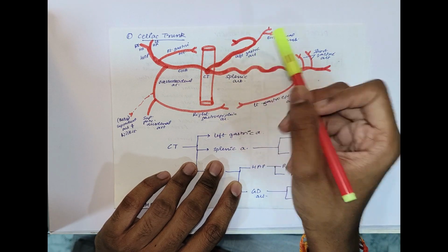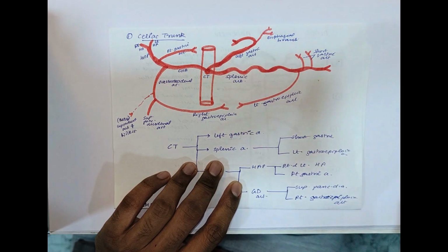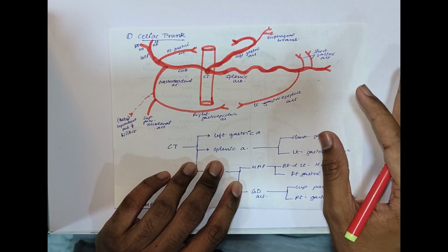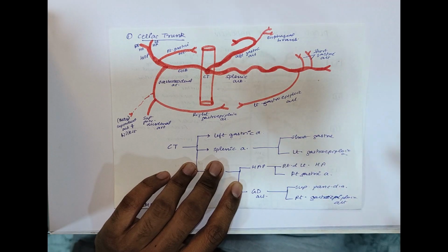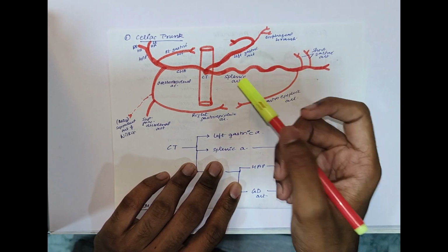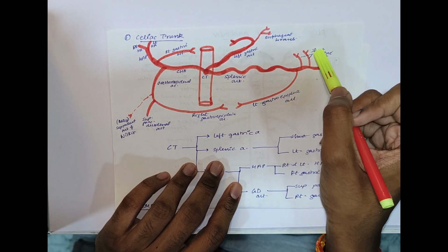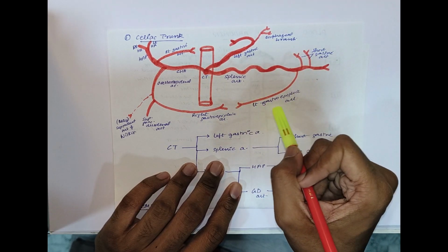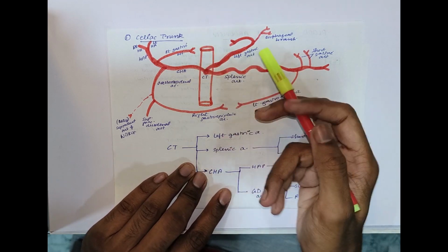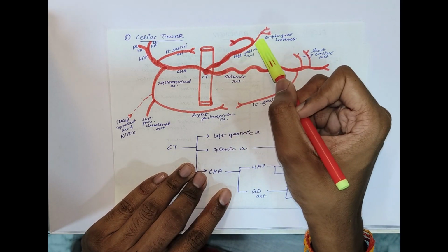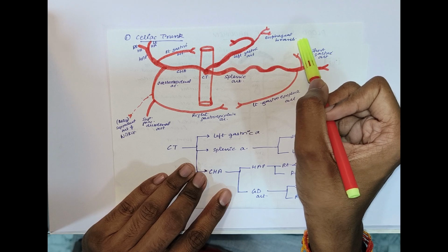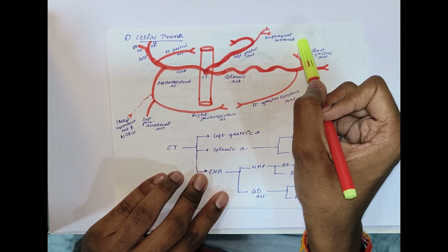Now these arteries further give out branches to supply the organs of the foregut. For example, the splenic artery gives rise to the short gastric arteries and the left gastroepiploic artery. The left gastric artery gives rise to esophageal branches which supply the inferior part of the esophagus.